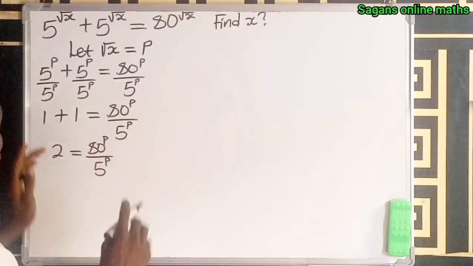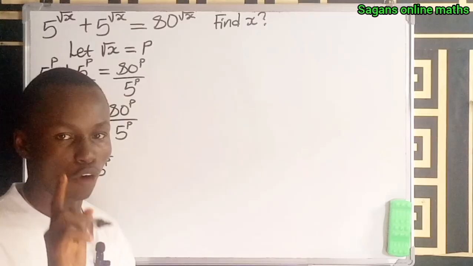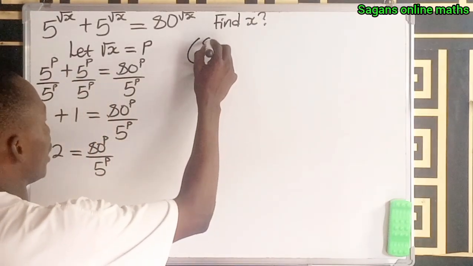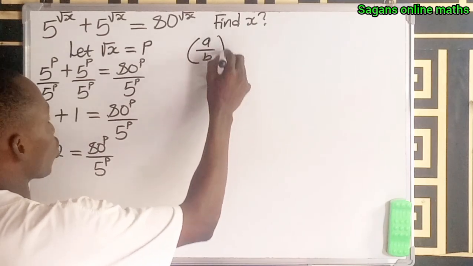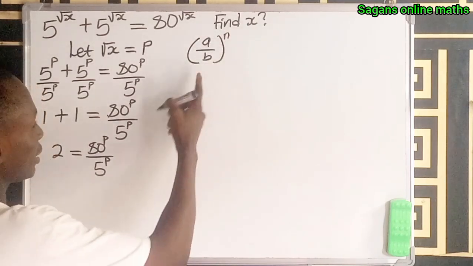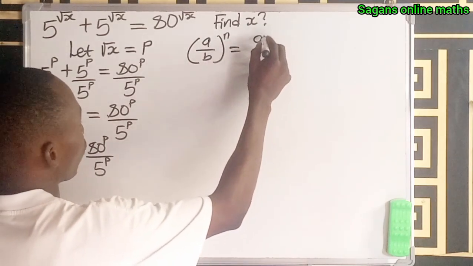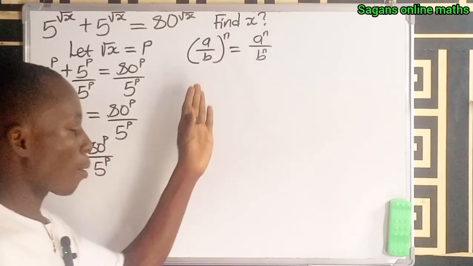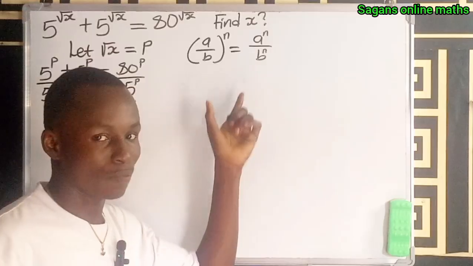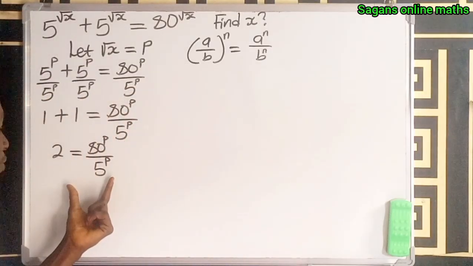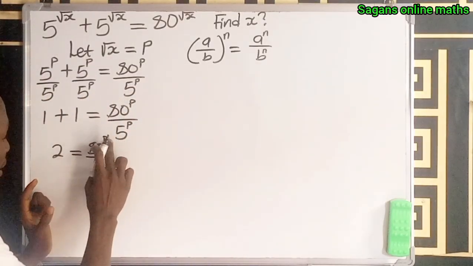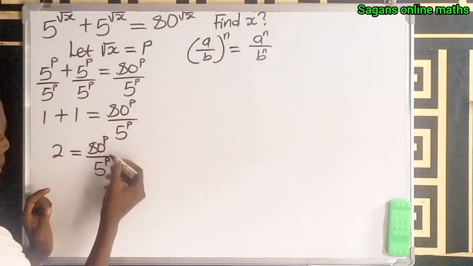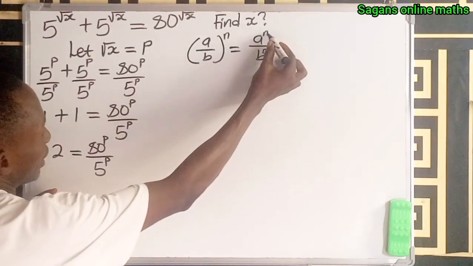Now, at our right hand side, let's obey one of the properties of indices. We know that (a divided by b) all to the power of n equals a to the power of n divided by b to the power of n. If we obey the properties of indices, we can also apply it here. You can see that 80 to the power of p divided by 5 to the power of p is in this form, because the power here is p and the power here is p.